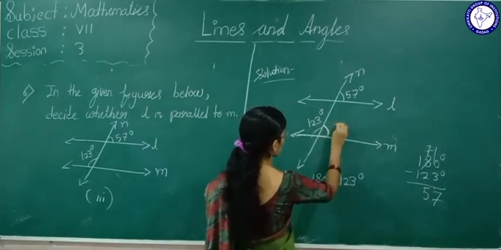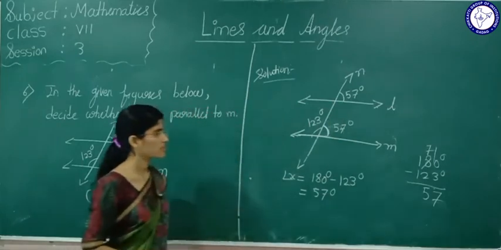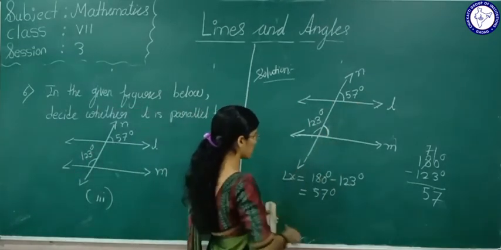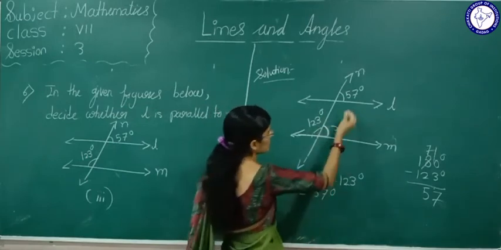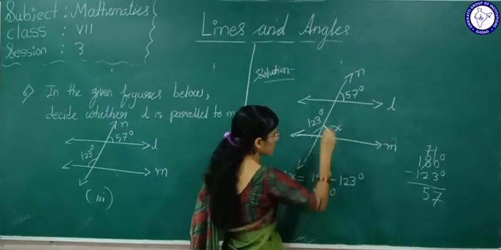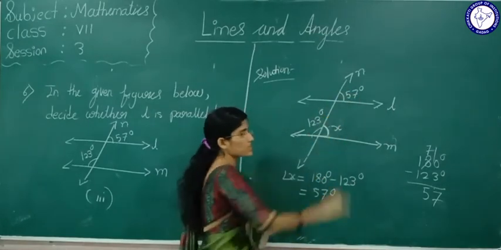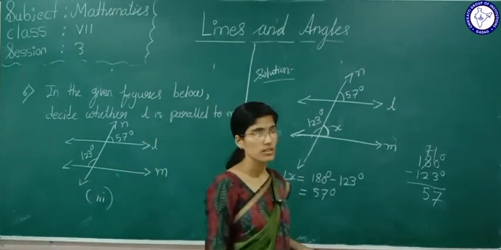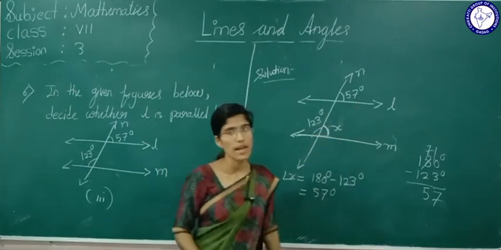So this angle X we got is 57 degree. Yes or no? Now tell me, this is 57 degree, this is 57 degree. Which angles are these two? These two angles are corresponding angles. If corresponding angles are equal, definitely we can tell here that line L is parallel to line M.